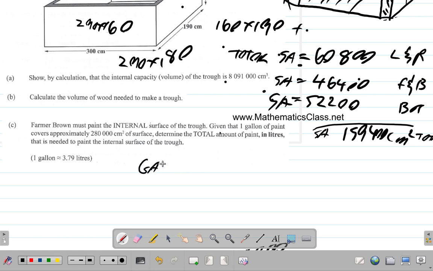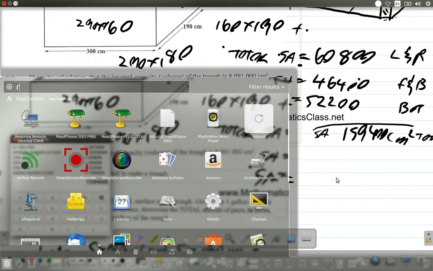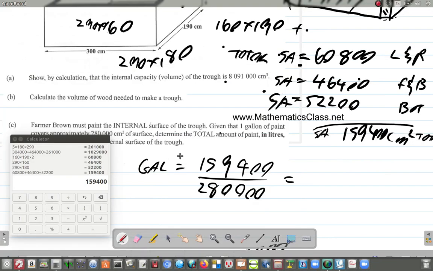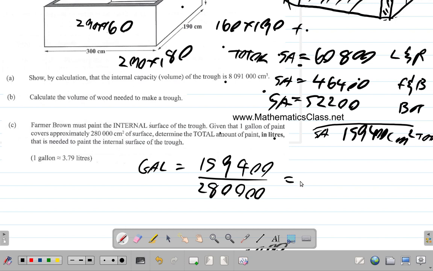The gallon of paint would be 159,400 over 280,000. That's a fraction of a gallon. You wouldn't use up all of the gallon of paint. So this over 280,000 equals 0.569 gallon of paint.